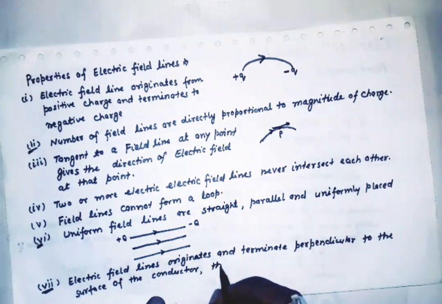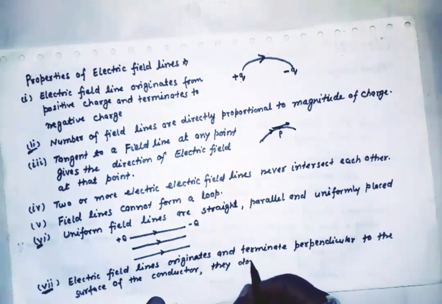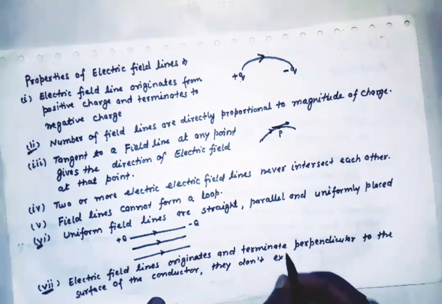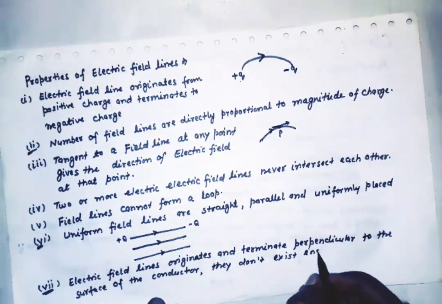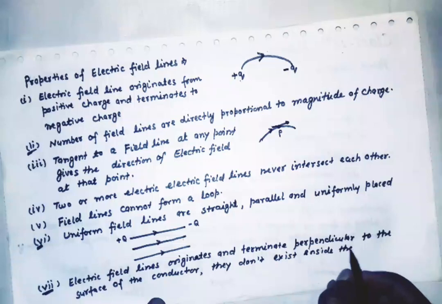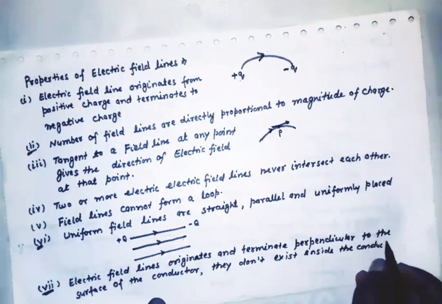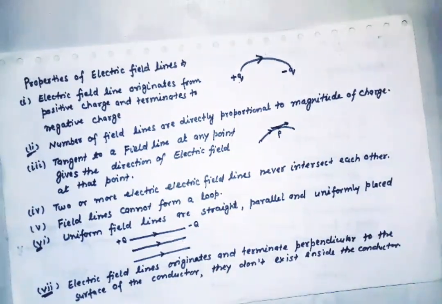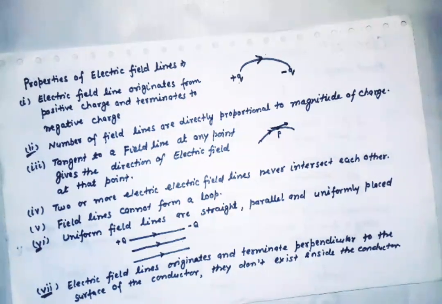And they do not exist inside the conductor. So electric field lines are always outside of the conductor, and they do not exist inside the conductor.